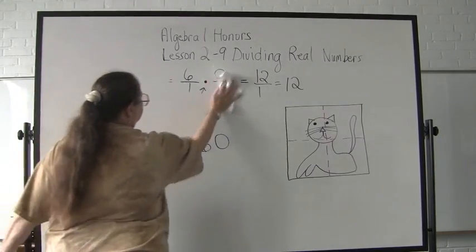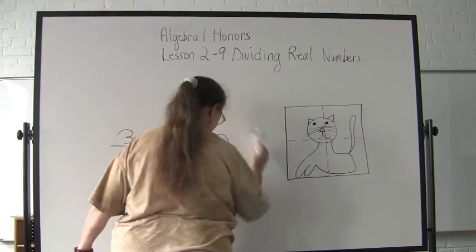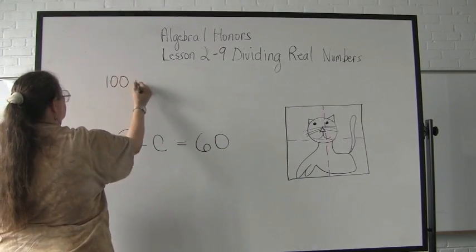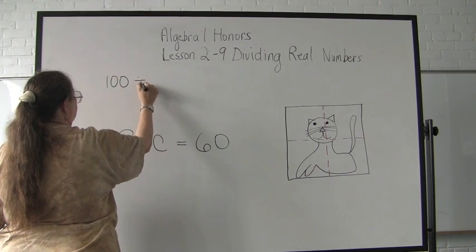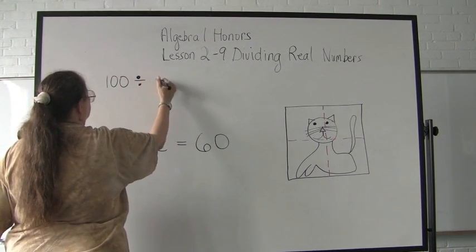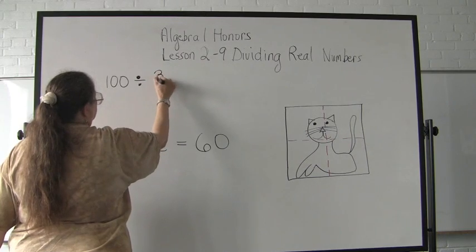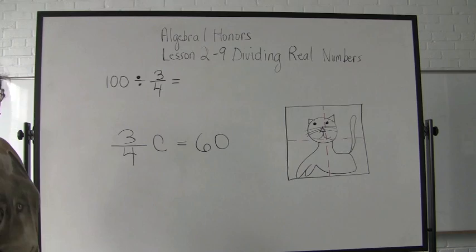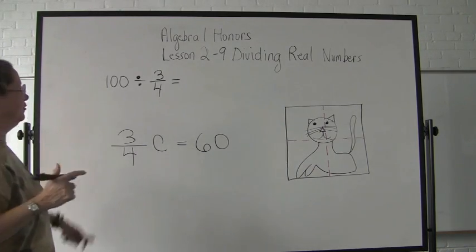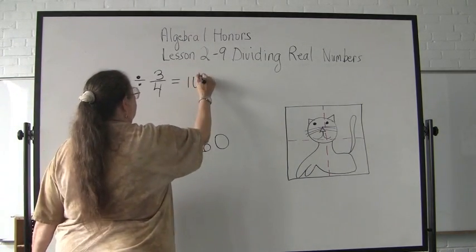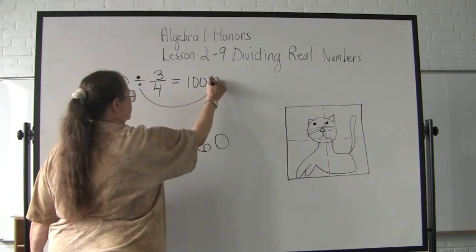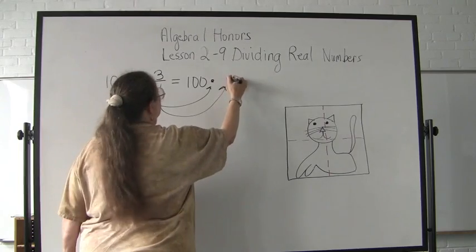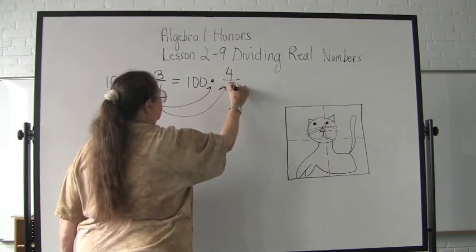What if we had 100 divided by 3/4? Okay? What we're going to do is say that's 100. This becomes the times. This becomes its reciprocal. Flip it over. 4/3.